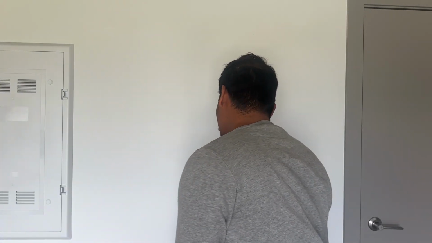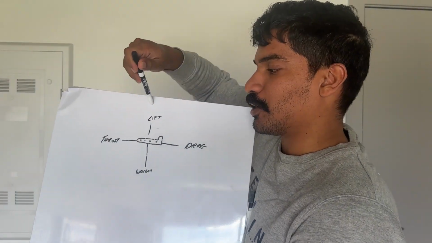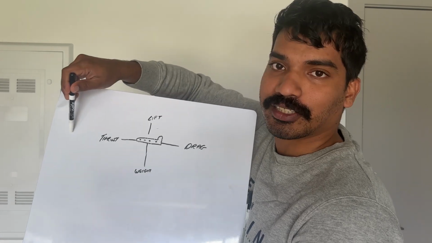I know it sounds a bit complicated initially, but it's not. So what is it saying? That any body that is creating lift. Lift is that perpendicular force that we are talking about. This is the direction of motion.